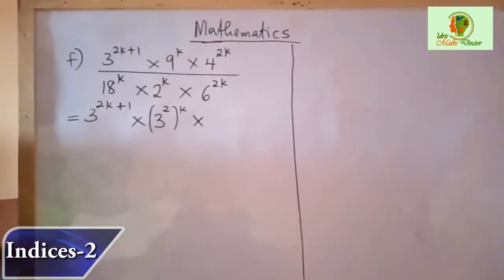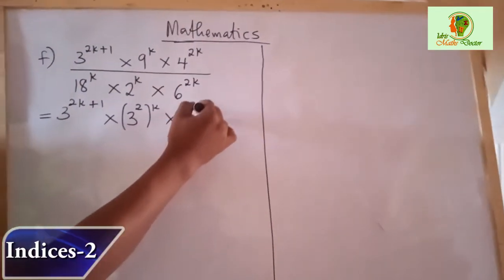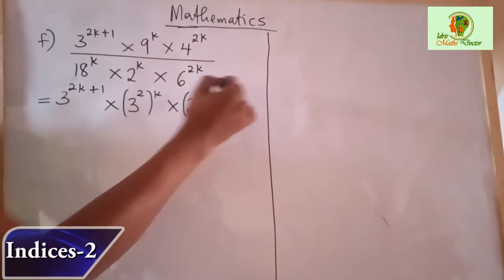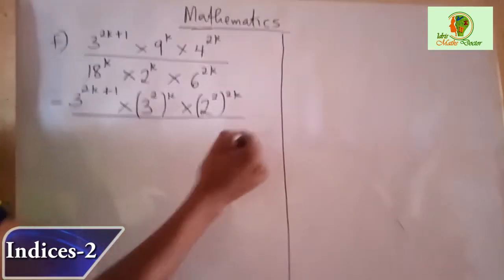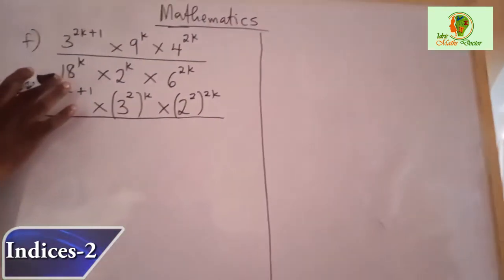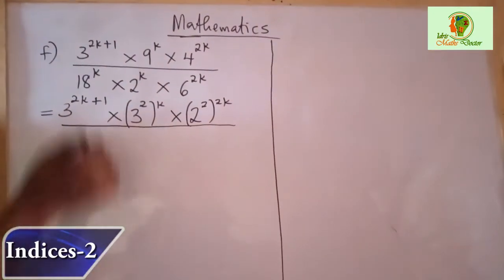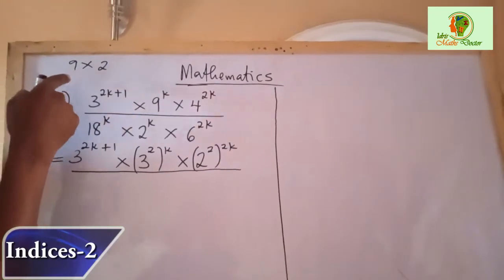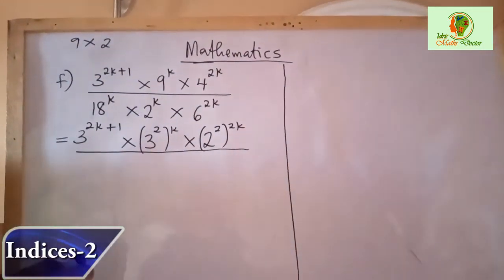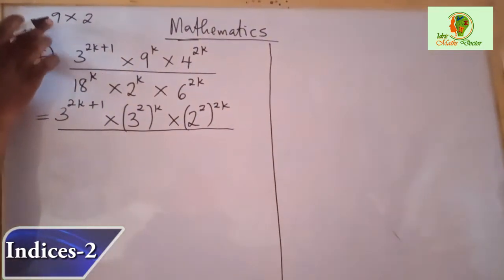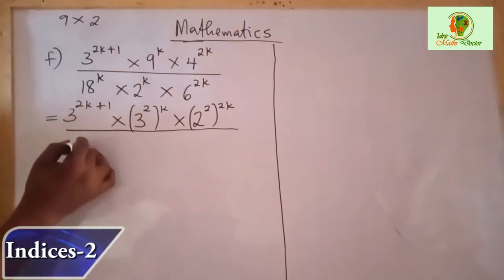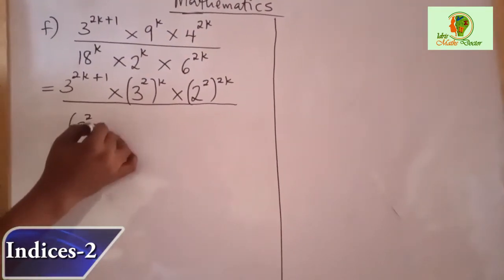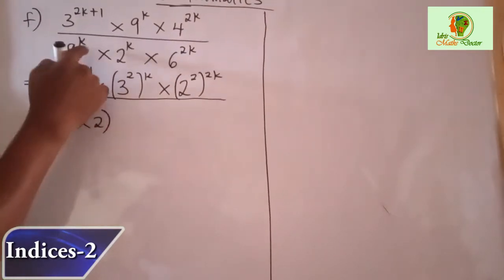times 4 is the same as what? 2 raised to power 2 into bracket 2k all over, as we all know, 18 is the same as 9 multiplied by 2 or 2 multiplied by 9. Is that okay? So this 9, if we write this 9 in index form, we are going to have 3 raised to power 2 for 9 times 2 all raised to power k.